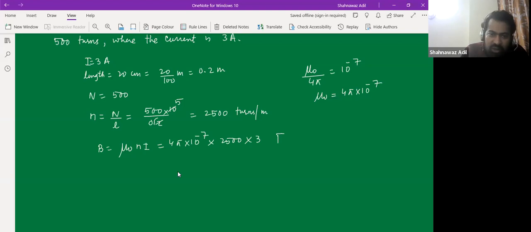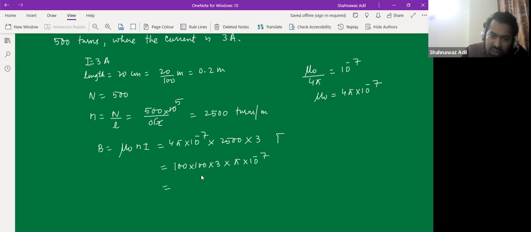So how much is this? 25 times 4 is 100, and then another 100, and then 3, and pi and 10 to the power minus 7.